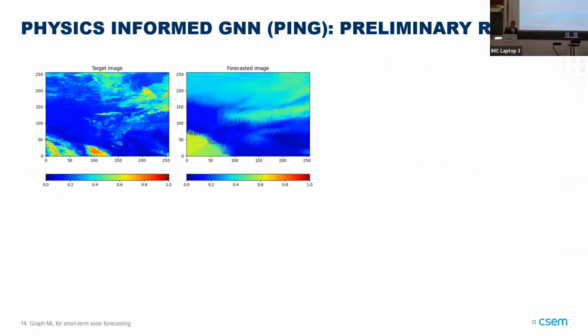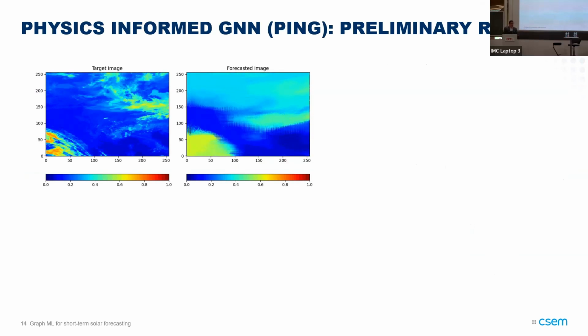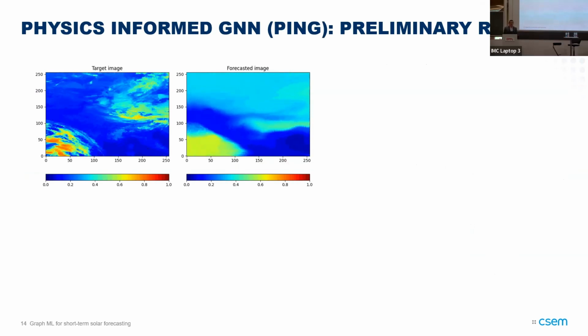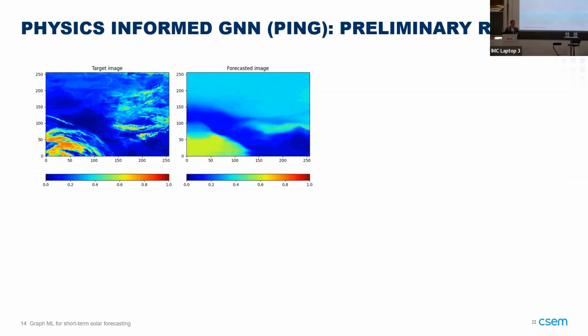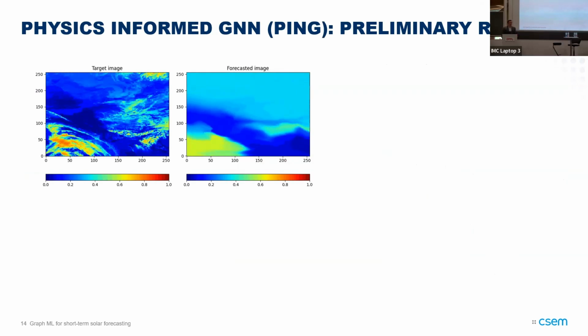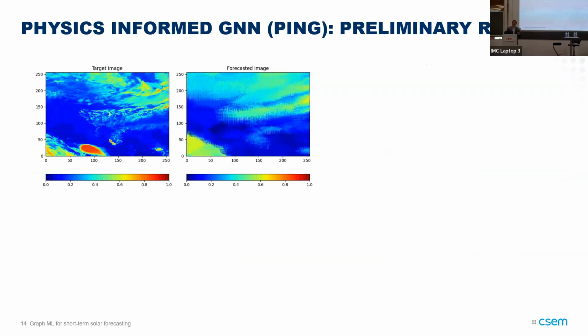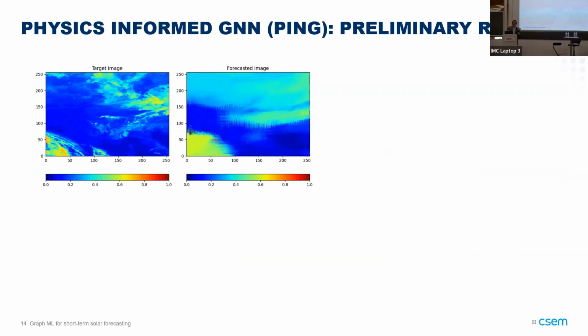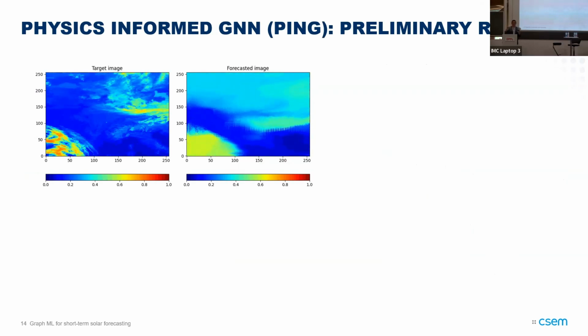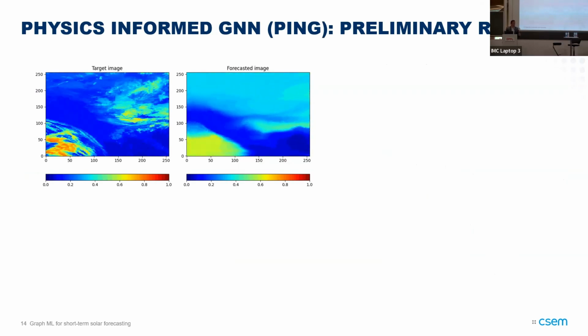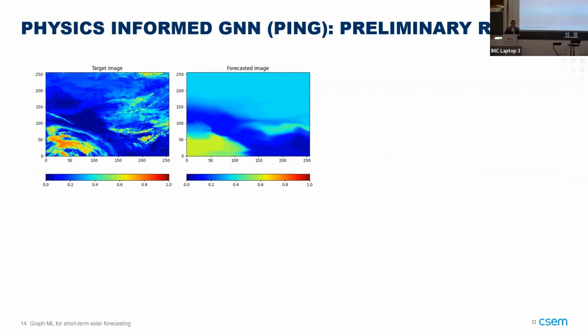One last thing I wanted to mention are preliminary results on extending this approach for day-ahead forecasts or for longer horizons. One of the limitations that we have with ground-based measurements is the spatial context. We are basically limited by the boundaries of where we have our network of sensors.